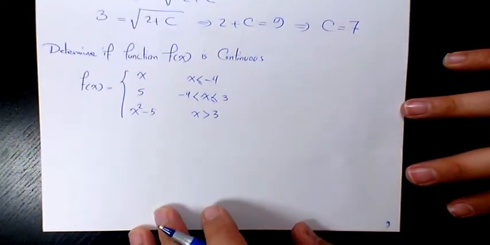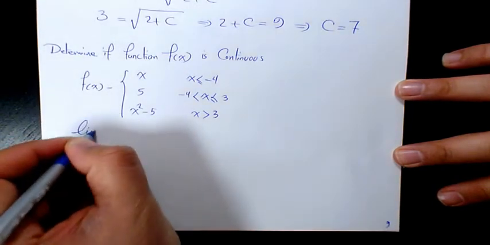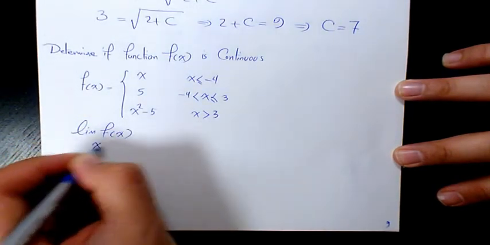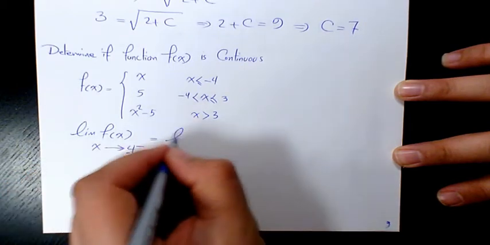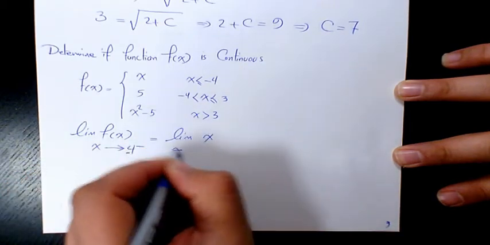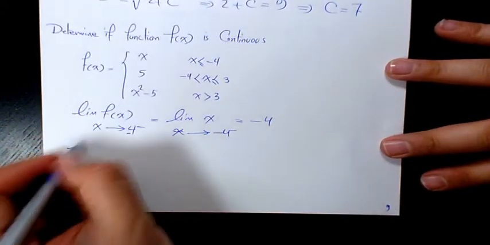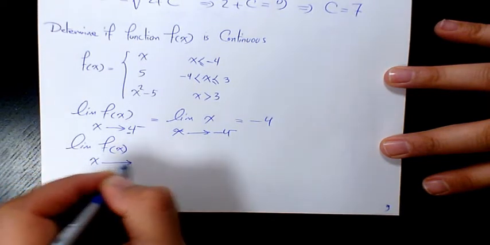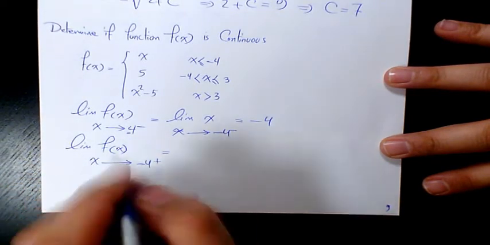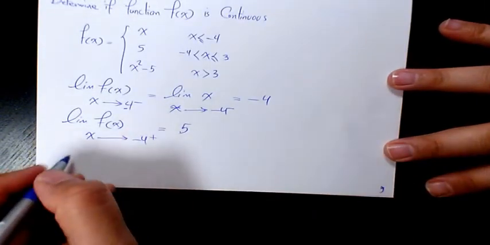Next one, determine if the function f of x is continuous. So the limit of f of x when x is approaching negative 4 from the left is going to be negative 4. The limit of f of x when x is approaching negative 4 from the right is going to be 5. So that doesn't exist.